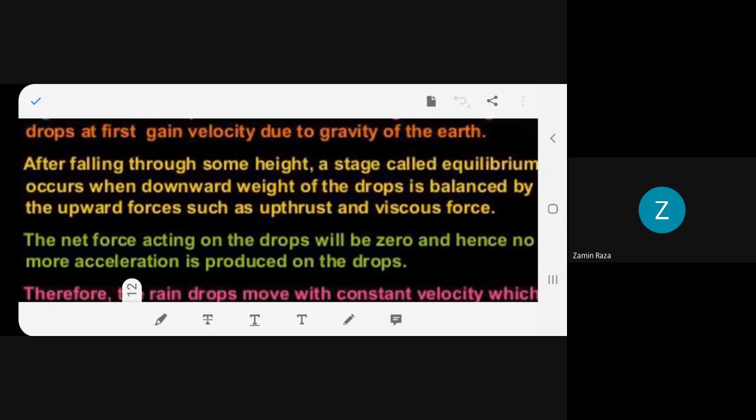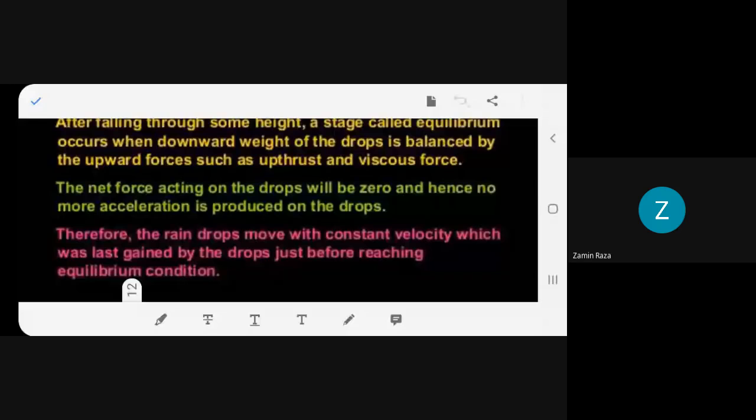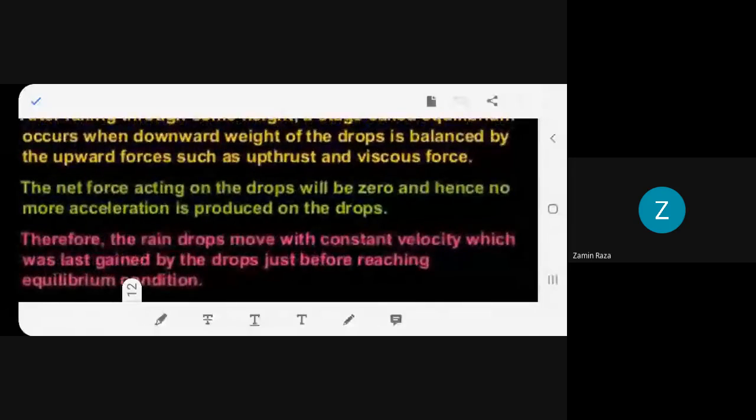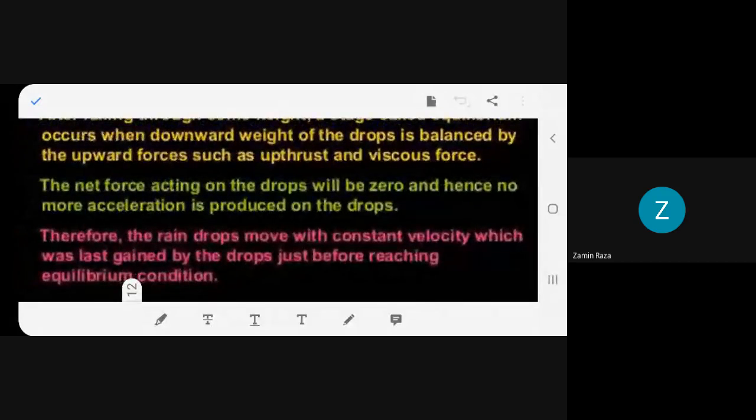Then the net force acting on the drops will be zero, and hence no more acceleration is produced on the drops. Therefore, the raindrops move with constant velocity, which was last gained by the drops just before reaching the equilibrium condition.